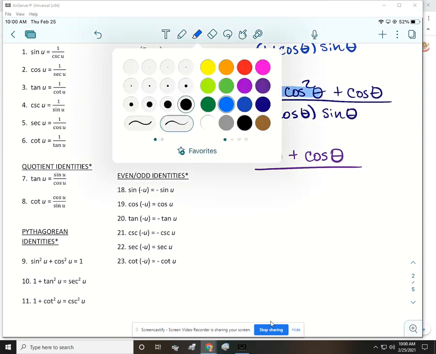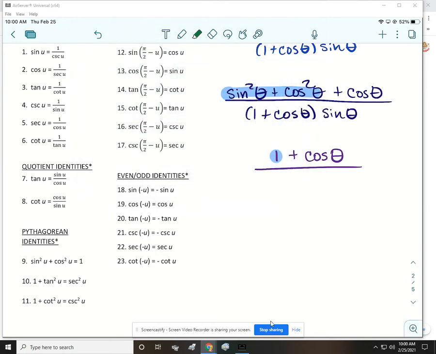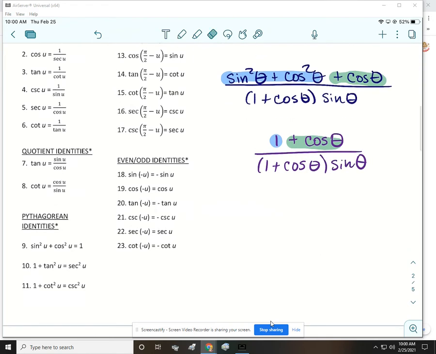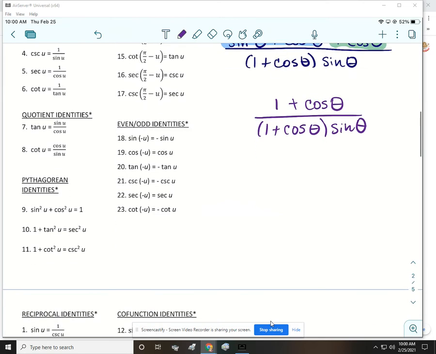And then this comes down. And your denominator comes down as well. Okay, let me get rid of this highlight. Okay, and then I think you all recognize that we have a 1 plus cosine of theta in the numerator and denominator, so it gets canceled out.